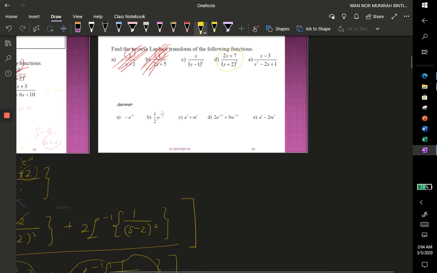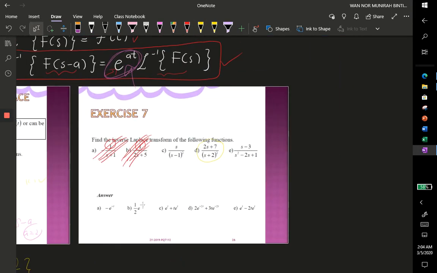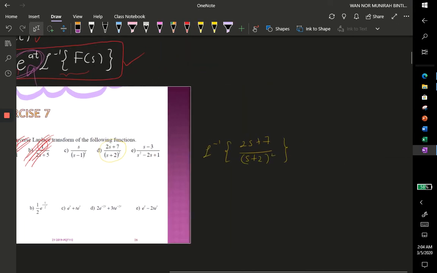Okay. Let's say we have to take the Laplace inverse of (2s plus 7) over (s plus 2) squared. Alright. So first of all, you can split this function into 2 by using the linearity property.